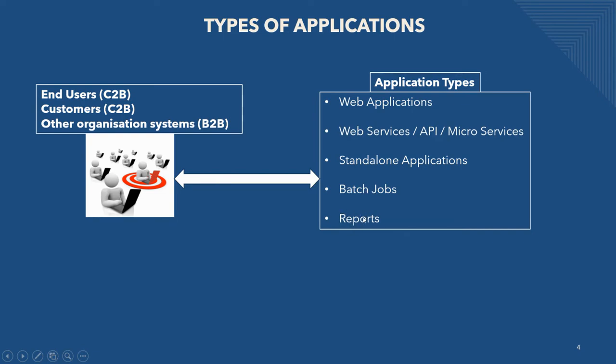The reports are the ones which are extremely helpful for the customers or even the end users, for example, in a shopping cart website, what I have spent over the last month. That's one of the reports, right? So that could be used by end users or the customers as well.